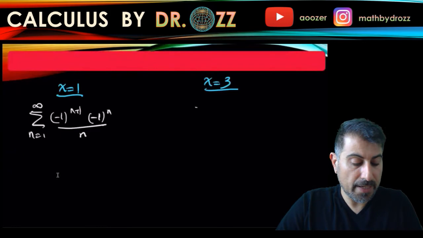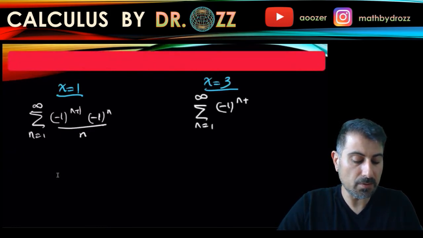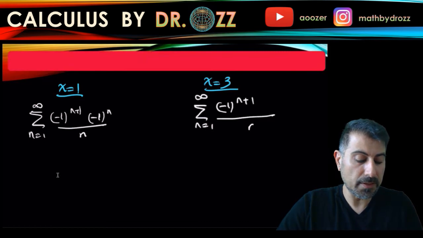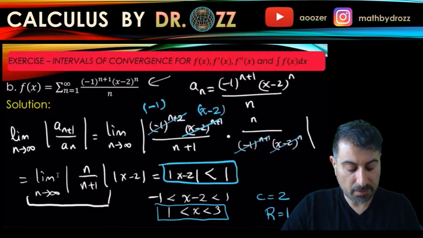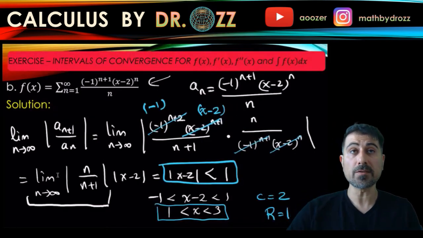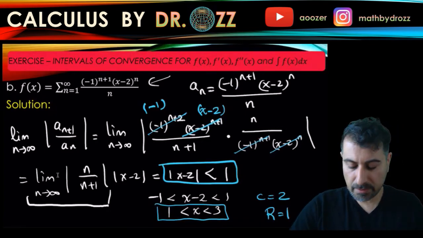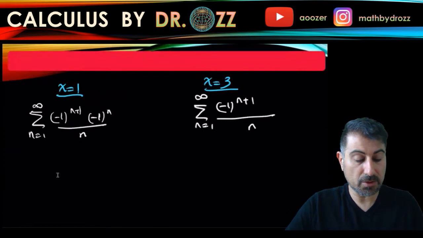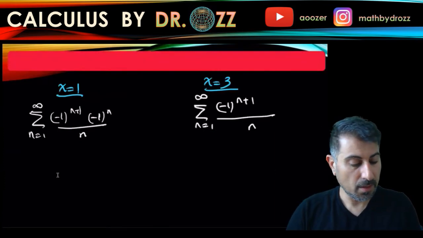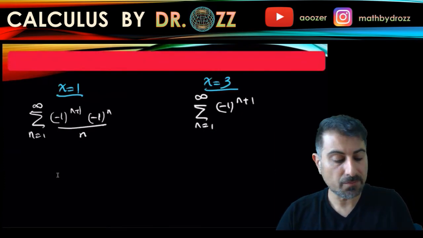For x equals 3, this is already minus 1 to the n plus 1, this is already n. Let's see what this x term is. When x equals 3, it's 3 minus 2 to the power of n, so that is 1 to the n, which is exactly equal to 1. So nothing carries forward from there.